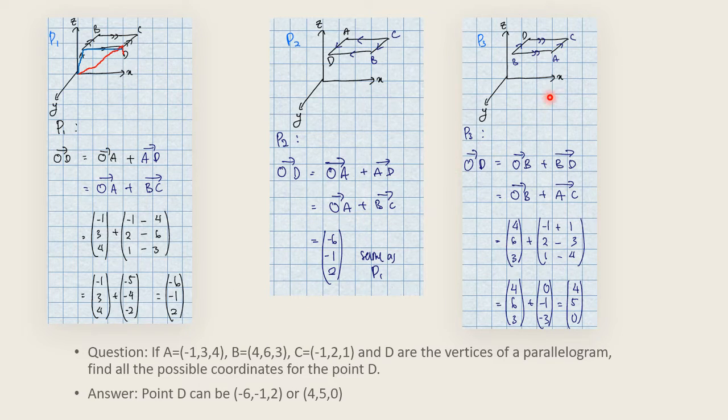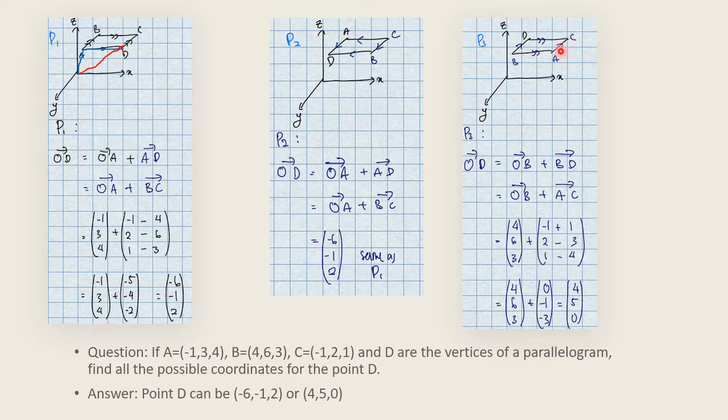Now in P3, the last combination, D is between B and C. Again, repeat the process. We try to find the position vector of D, denoted as OD with an arrow on top. This time I'm using B. So OB plus BD. And because we don't have BD, we can use the one that we have, which is AC.